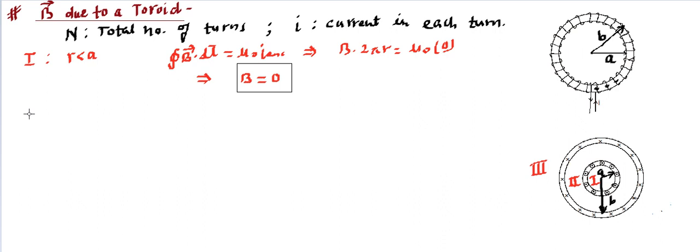Now let's come to zone number 2, which is of interest. In zone number 2, r will be greater than A but less than B. Here too, we need to take an Amperian loop, so let me draw one in between.